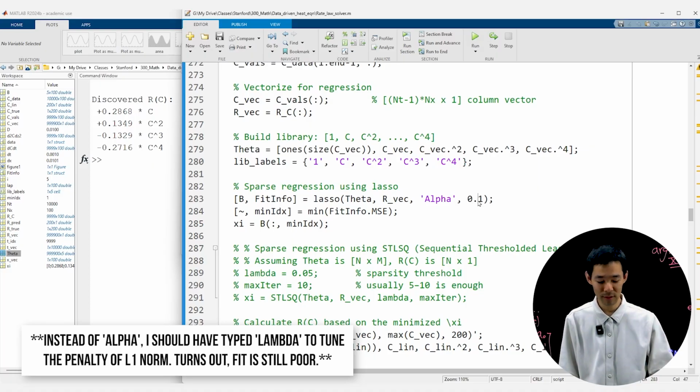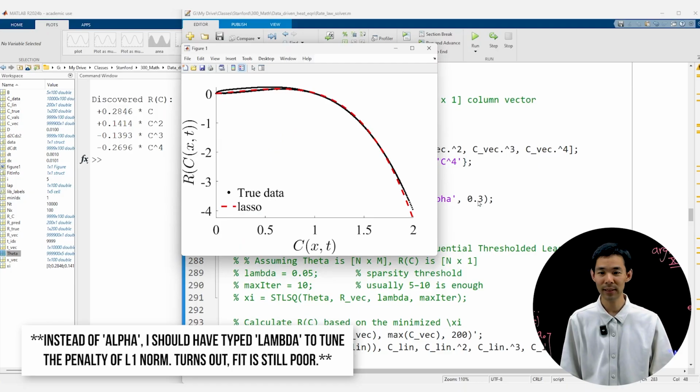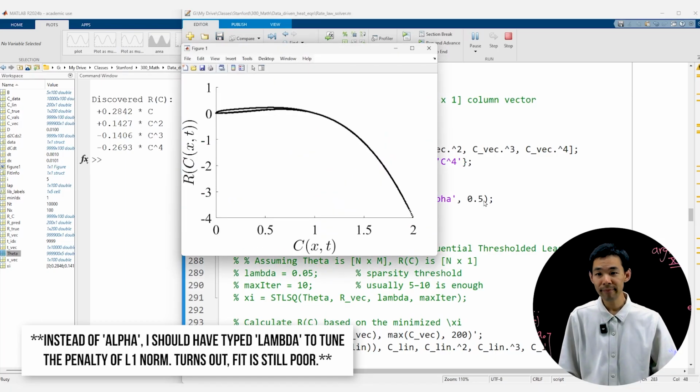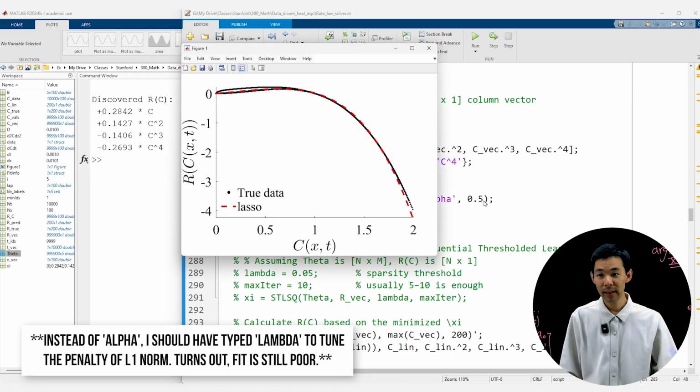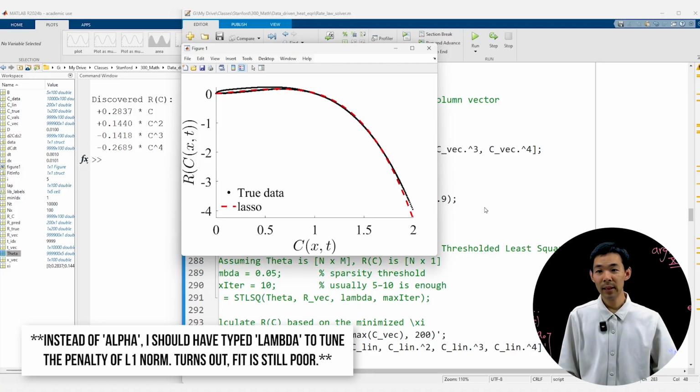We can even keep tuning this. It never quite captures it. Okay, so that's 0.3. Let's do 0.5. So now it's still picking up 4 terms. Let's go even higher. Yeah, the fit is all pretty decent, but it just never quite fits with the true actual answer.